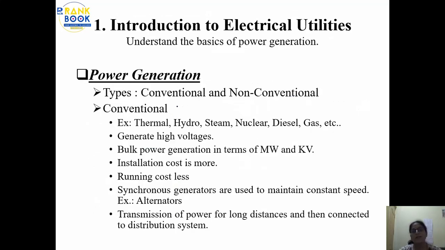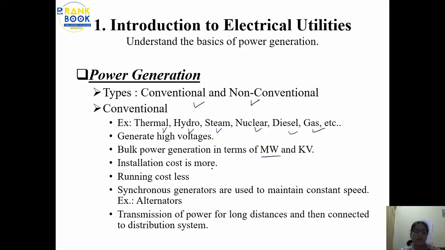Power is generated in two types, that is conventional and non-conventional. Let us see what the conventional power generation sources are. Examples include thermal, hydro, steam, nuclear, diesel, gas, etc. These power generation sources generate high voltages, like bulk power generation in terms of megawatts and kilovolts.